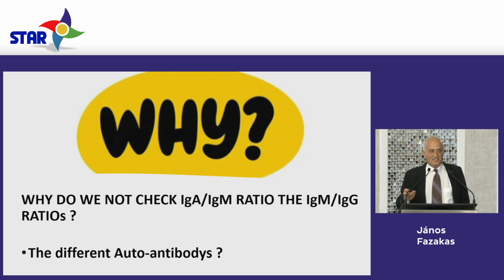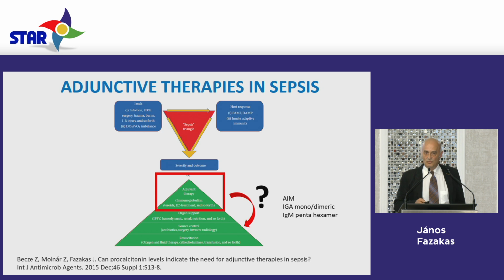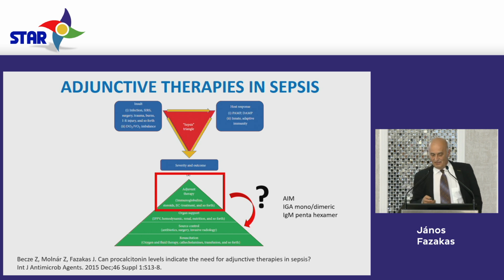And basically, if you think about it in your department, I don't think that the last time in a septic patient you checked the lab for autoantibodies in severe multi-organ sepsis. These adjunctive therapies in sepsis are important, but usually the immunoglobulins are not at the top.